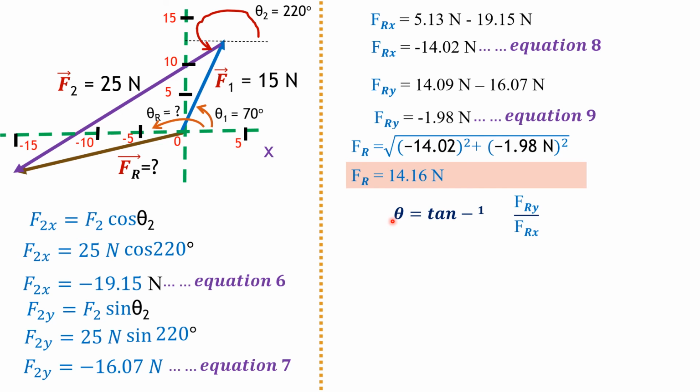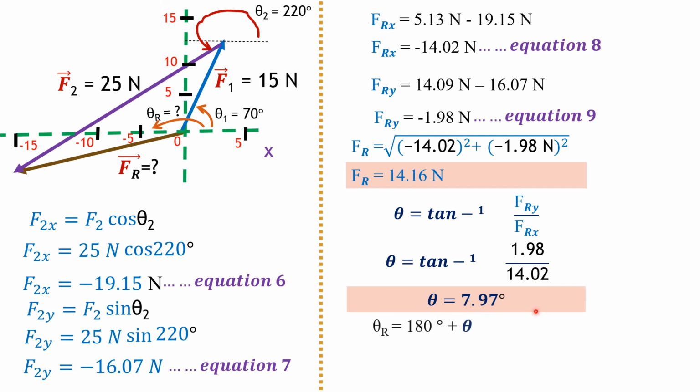For the determination of angle, we write theta is equals to tan inverse of Fry divided by Frx. Putting the values of Fry and Frx, we get theta is equal to tan inverse 1.98 divided by 14.02. After solving, we get theta is equal to 7.97 degree.